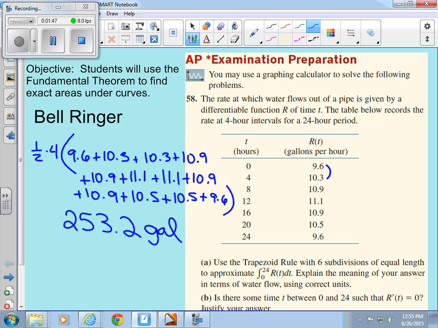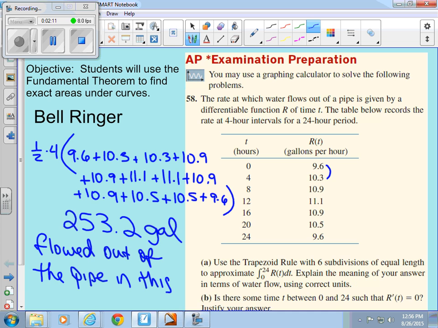That many gallons flowed out of the pipe in 24 hours, right? And I'm going to be a little more specific on that and say, in this 24-hour period.